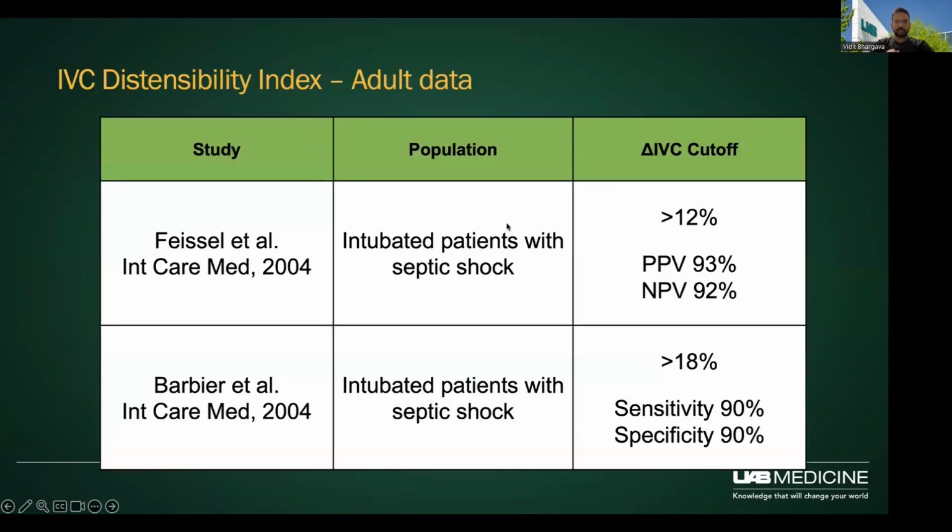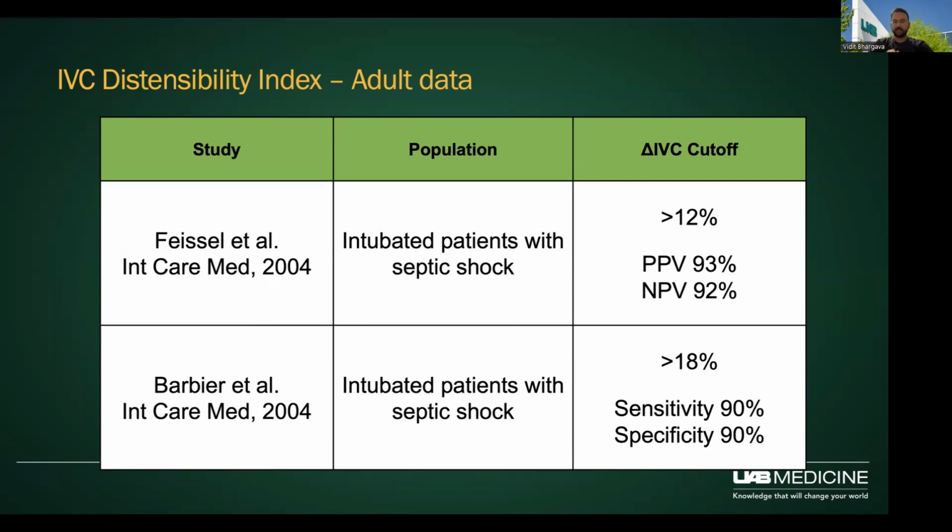These numbers have come from two studies that were both done in adult patients, in intubated patients with septic shock, both around the same time, had pretty good positive and negative predictive values, but there were also several different caveats to these. For both of these studies, the patients were intubated.